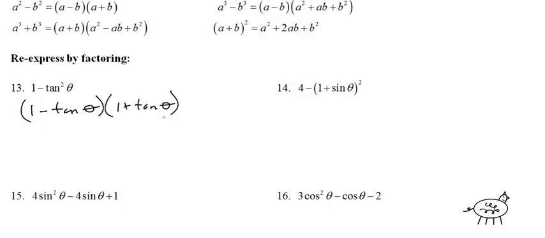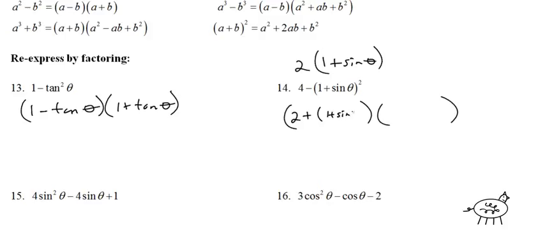Okay, this next one is actually a difference of two squares. I don't know how you guys learned it back in the day, but the square root of 4 is 2. The square root of 1 plus sine of theta quantity squared is 1 plus sine of theta. So that's how you come up with your numbers in here. So we're going to say 2 plus 1 plus sine of theta and 2 minus parentheses 1 plus sine of theta.